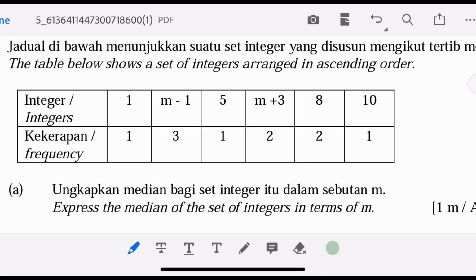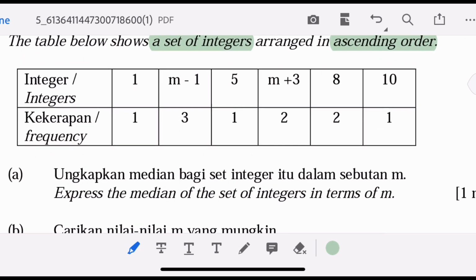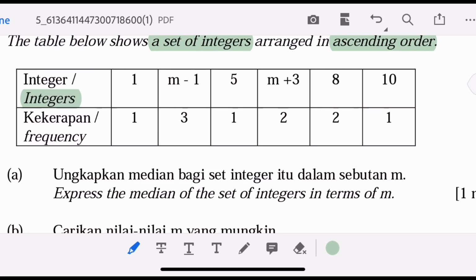Alright, so let's see what the question asks you to do. You have a set of integers arranged in ascending order, right? Can you see the table right now? So how many integers are there? 6 integers, and you also have 6 frequencies.